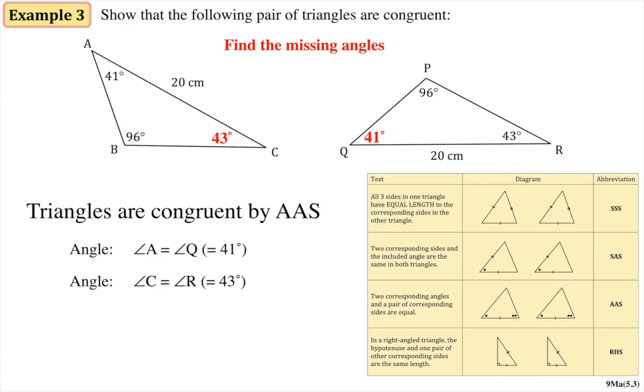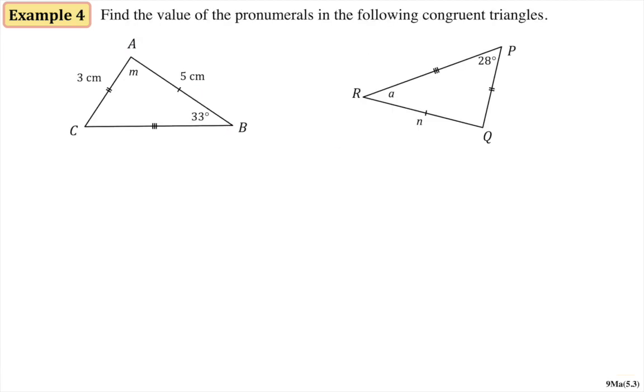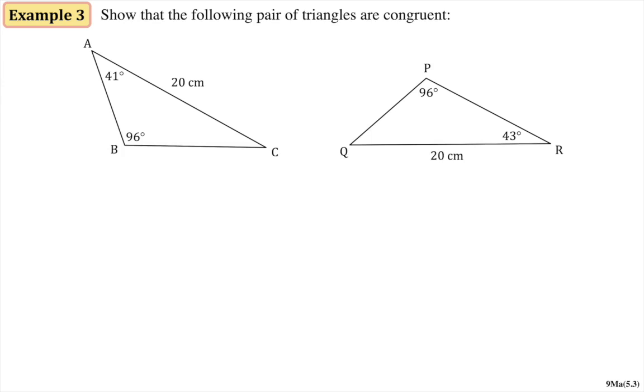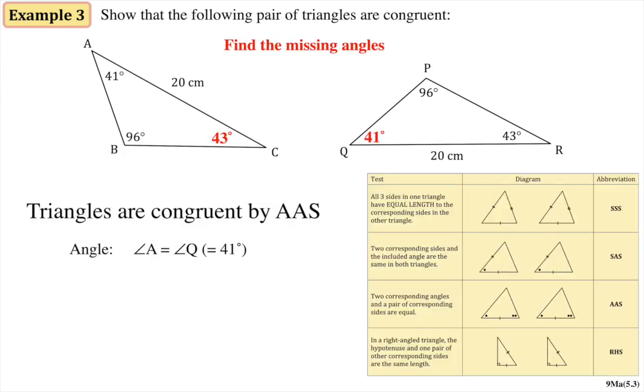I could have said angle B equals angle P and put that in place of either of these 2. The S means the side going from A to C and the side going from Q to R are both equal to 20 centimetres, and that all matches up. So that's the triangles are congruent by angle, angle, side.